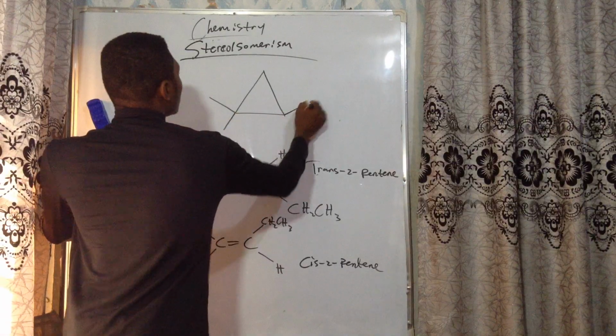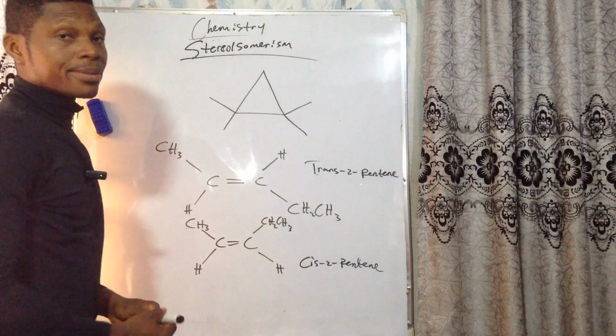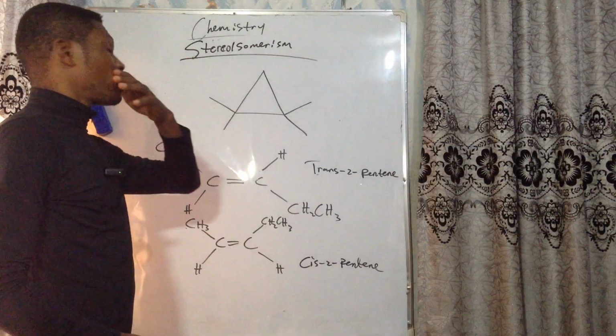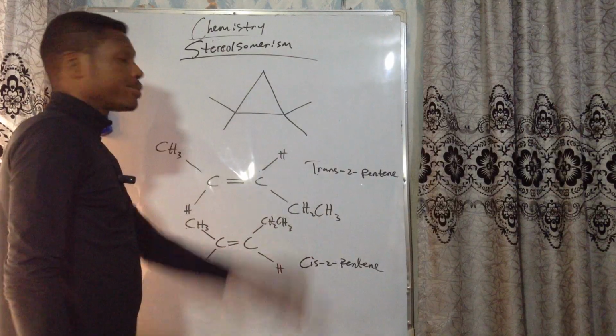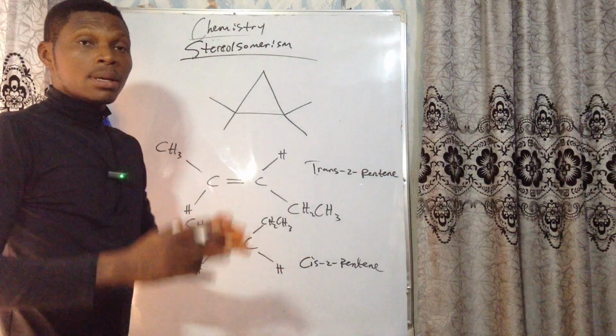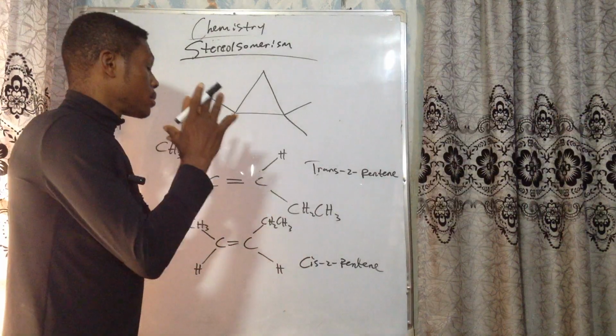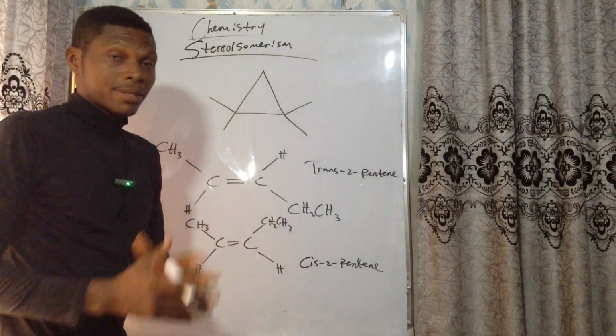You know, all these cycloalkanes, it can exist there because this ring structure also prevents free rotation. It can also occur here. So whenever you see this, you know you are dealing with what? Geometric isomerism, which exists in cis and trans forms.